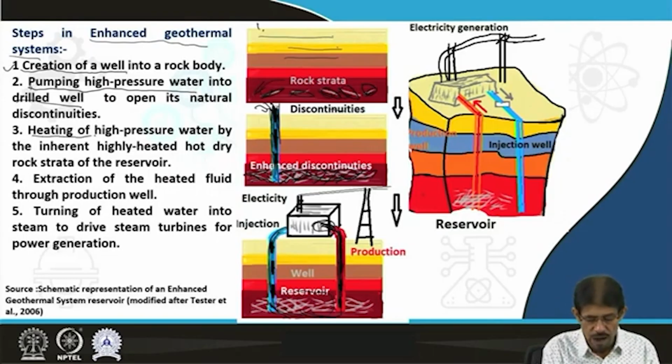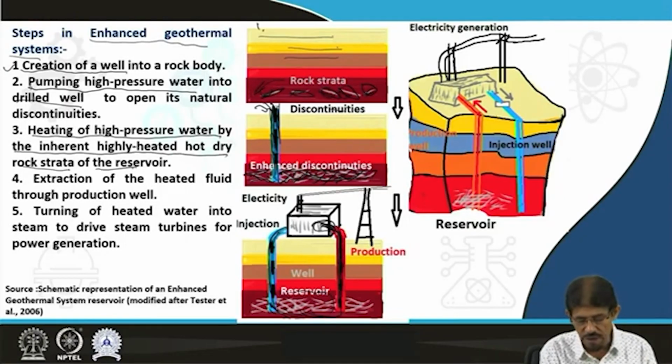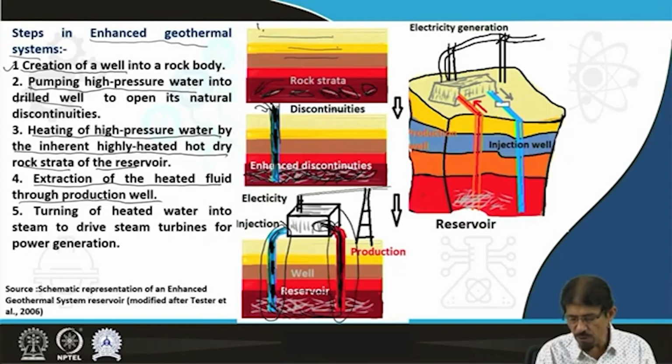So the high pressure injected water is heated by the inherently hot dry rock strata of the reservoir. The heated water is then extracted. So the extraction of the heated fluid is through the production well. This is the injection well and this is the production well.